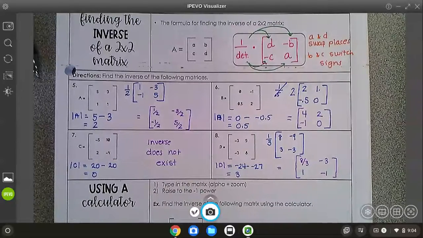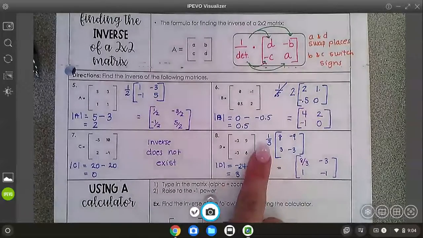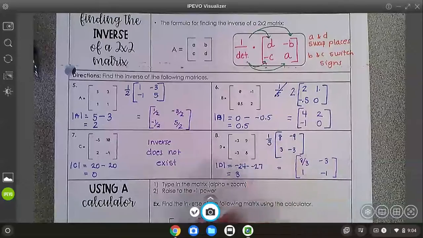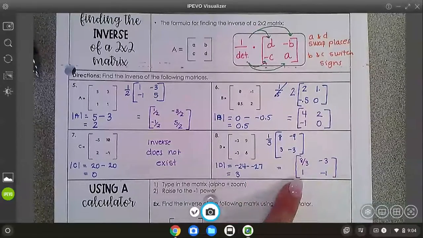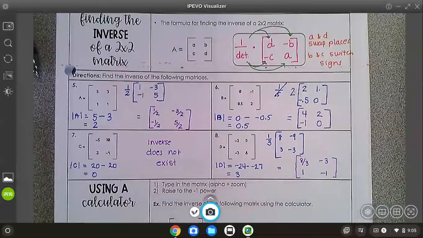But you can't have 0 in the denominator. And then number 8, we got 3 for the determinant. So 1/3, moved my things around. So my answer was 8/3, -3, 1, and -1. Any questions?